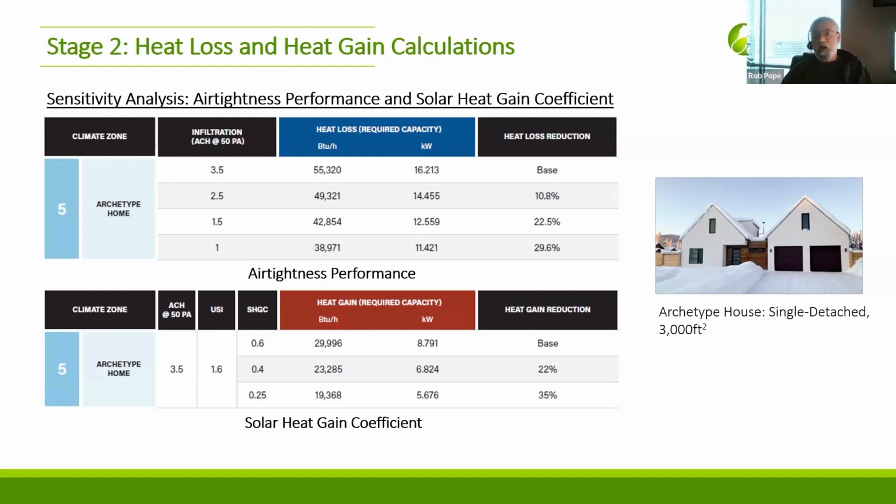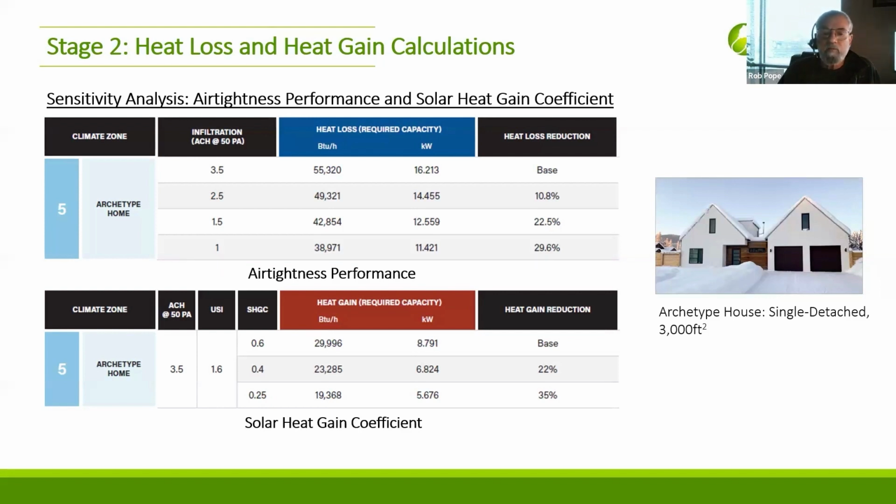Because you remember, it doesn't matter how energy efficient your opaque assemblies are. In terms of heat gain, everything stays the same. You still have the same amount of people in the house, lights going on, cooking, and all that kind of stuff, right? That doesn't change. What does change is how much gain is coming through your glass. That has a large impact.